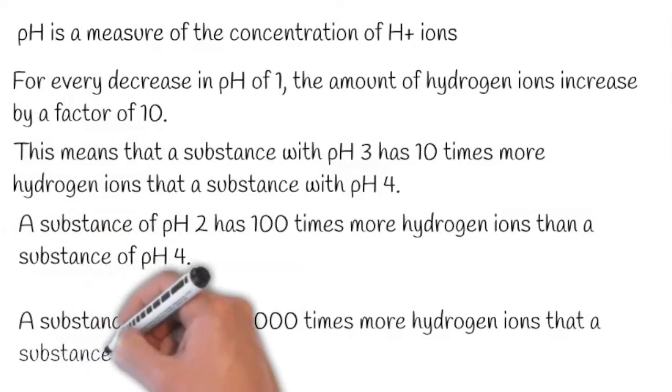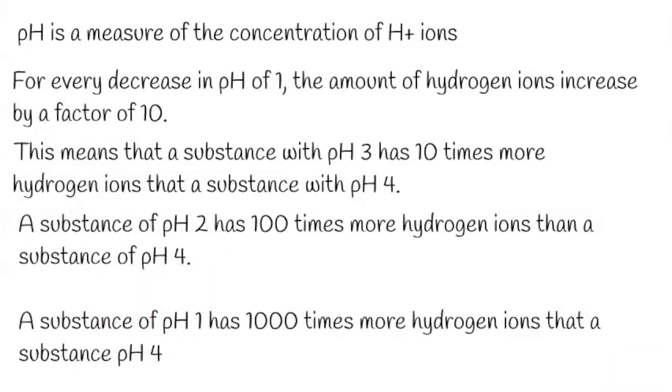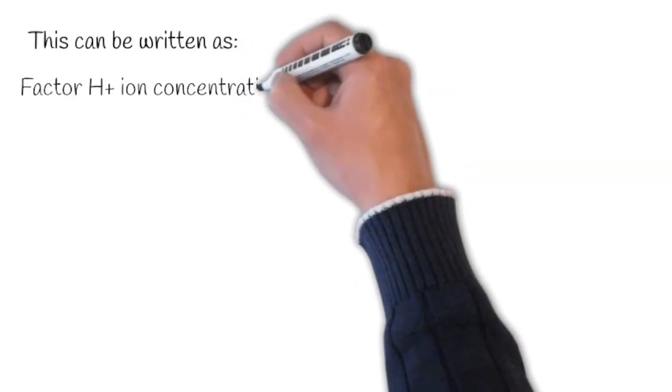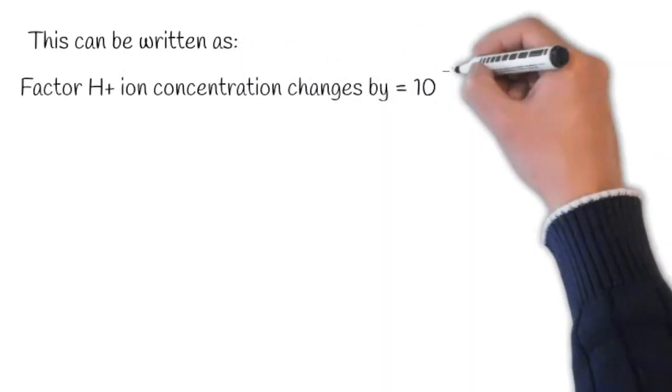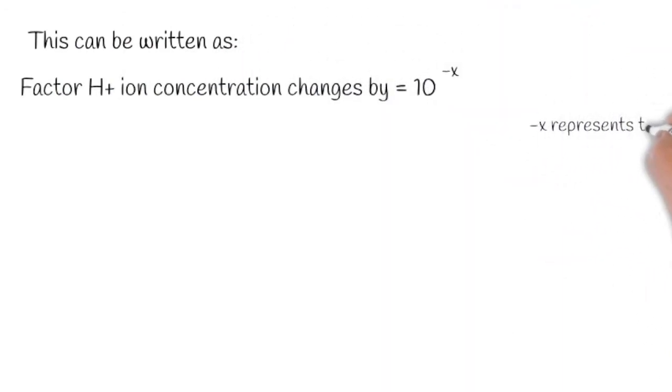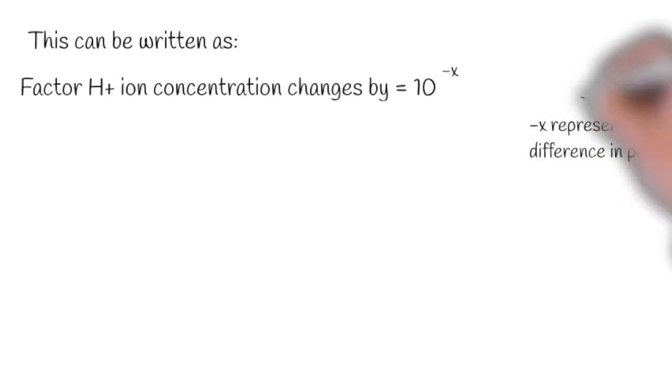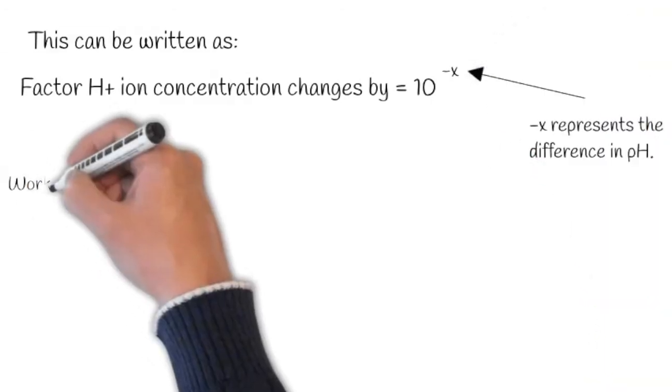A substance of pH 1 has 1,000 times more hydrogen ions than a substance of pH 4. This can be written as H+ ion concentration changes by a factor of 10 to the power of minus x, where minus x represents the difference in pH.